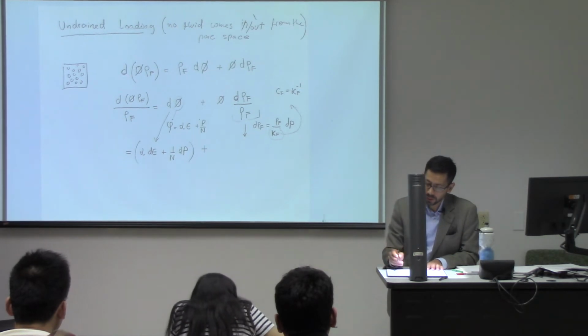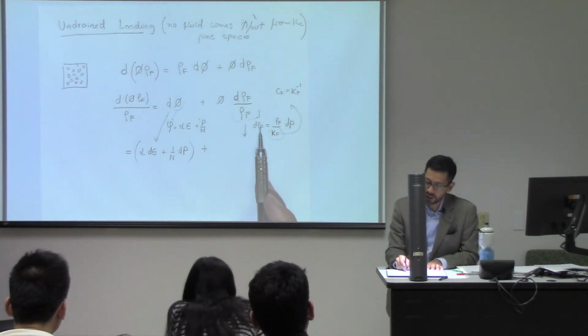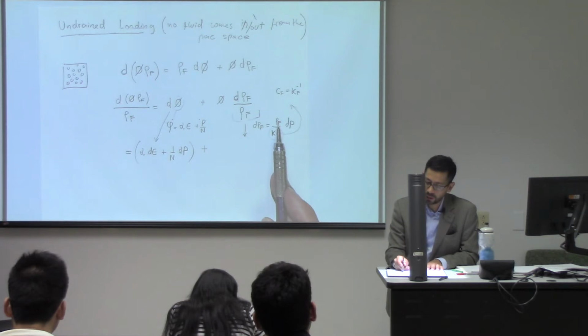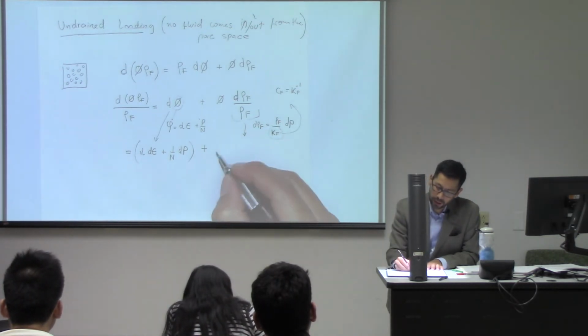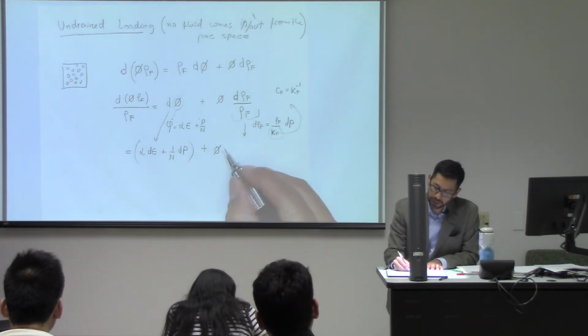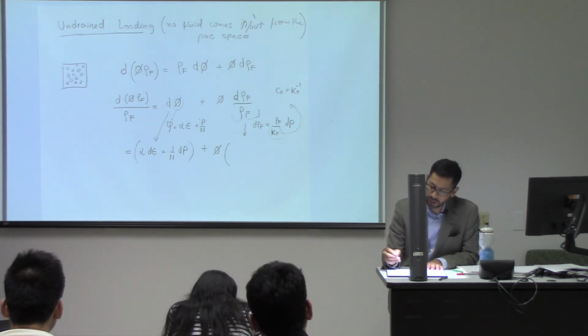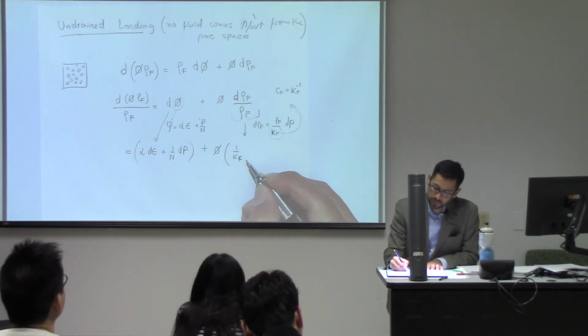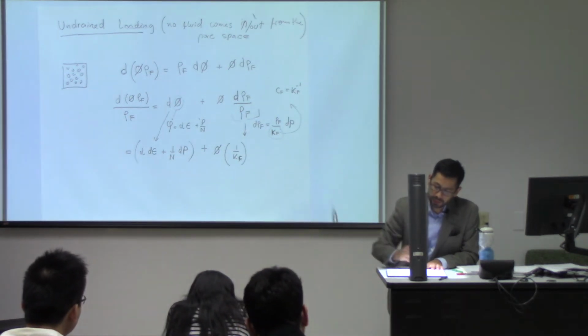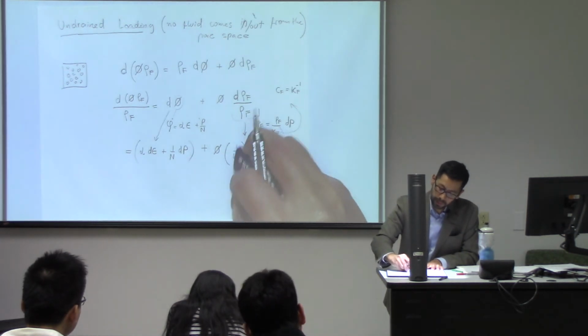So let's see. We have variation of density. Here we have density. So if I move this density over here, I'm going to have porosity times 1 over Kf times dp. Let me write that again.